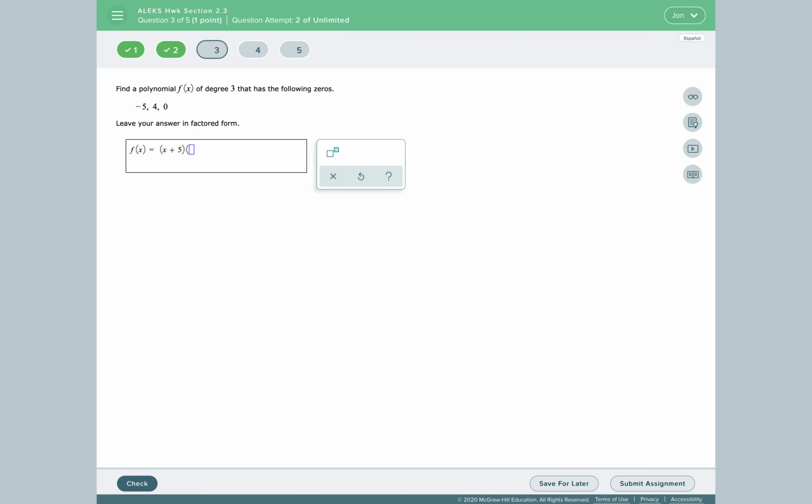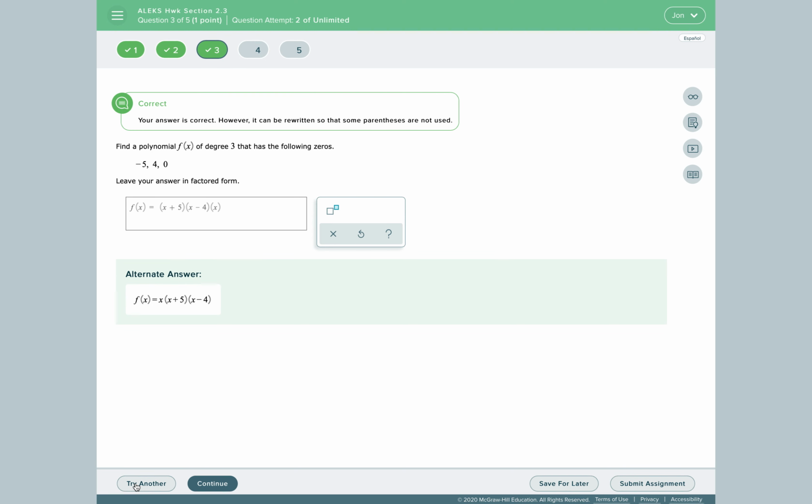And in the case of 4, that is a 0 that stems from x minus 4. And we have a 0 that stems from x. I can either leave x as a variable by itself without the parentheses, but I'll just go ahead and encapsulate everything. Upon checking, it turns out that the result is correct.